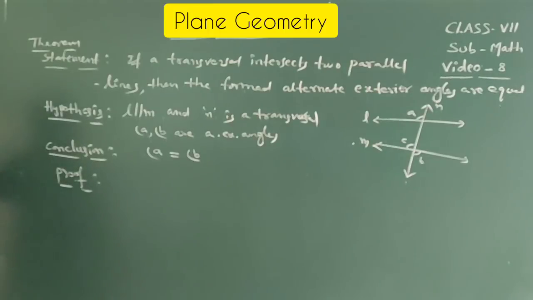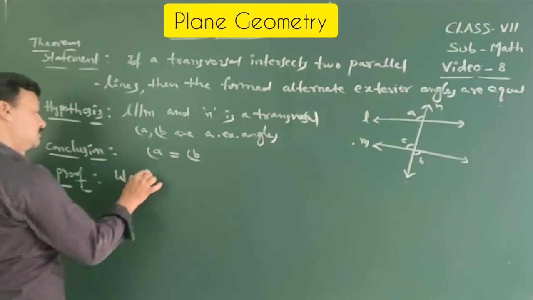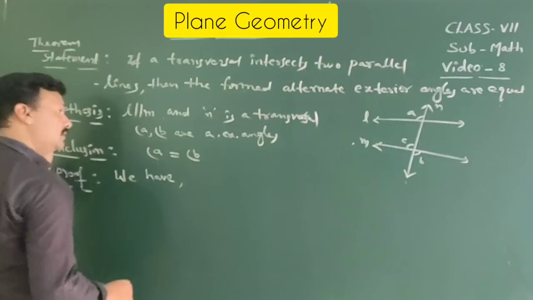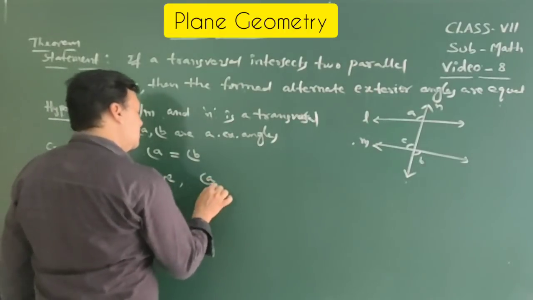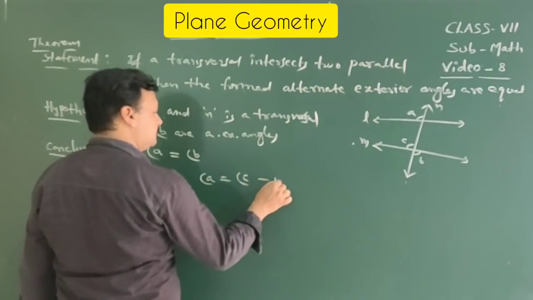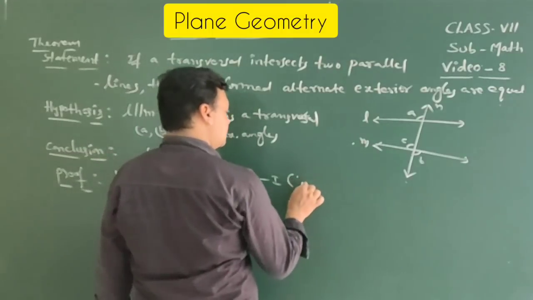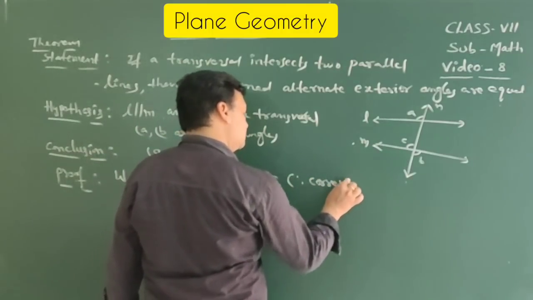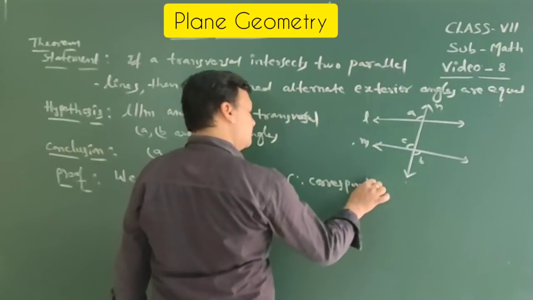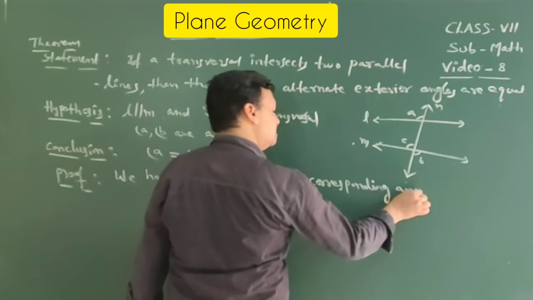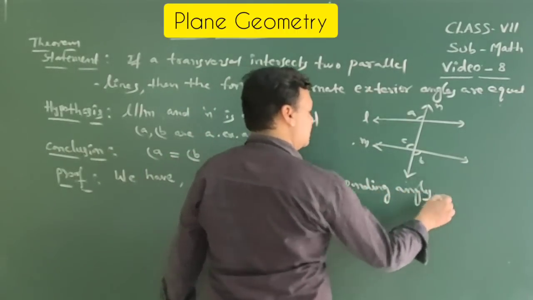Proof. We have angle A equal to angle C. First statement, corresponding angles axiom.